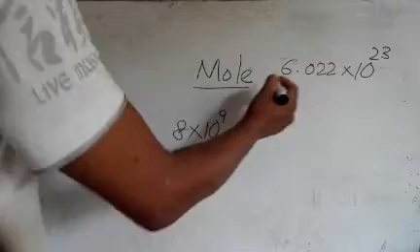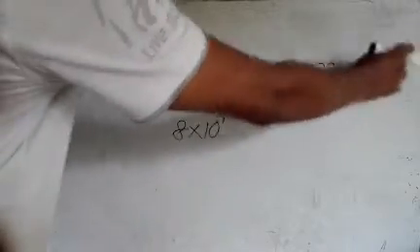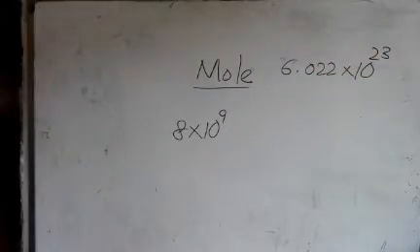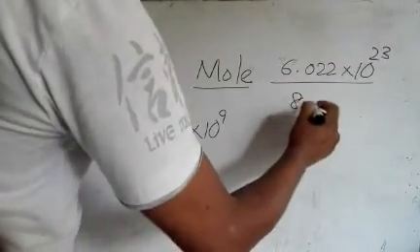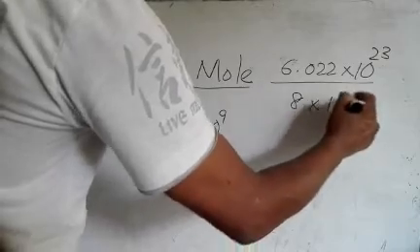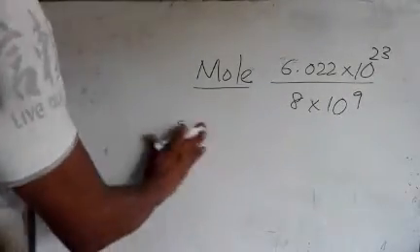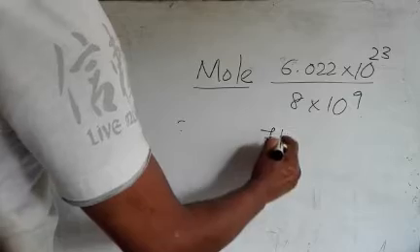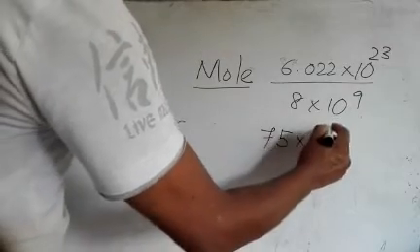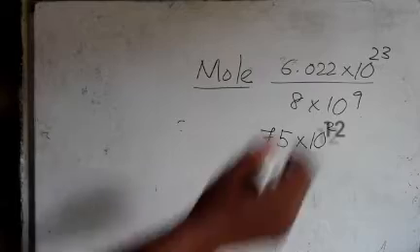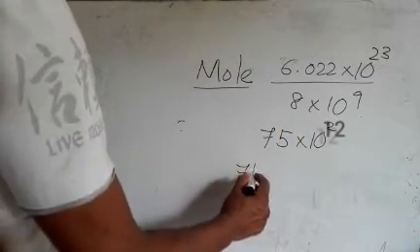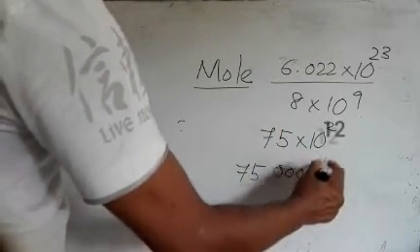If this number of people, one mole of people, is divided by the world population, you get a number like this. That is 75 trillion, or we can call it 75,000 billion.